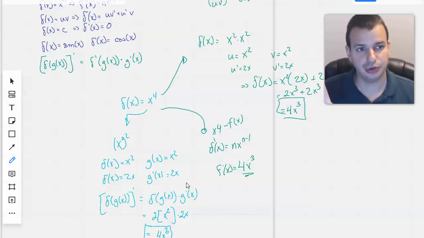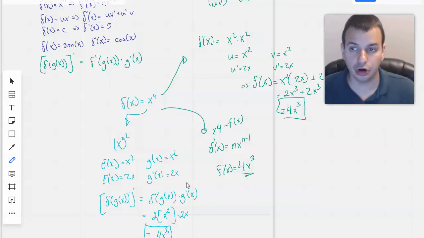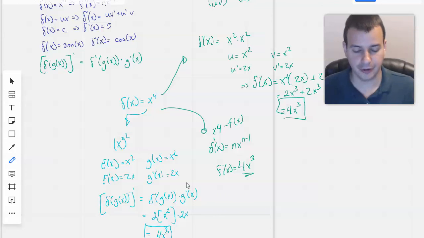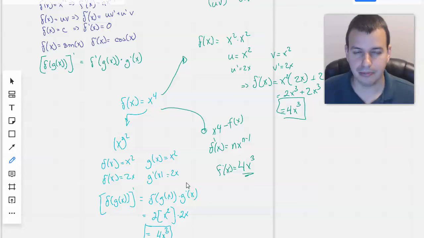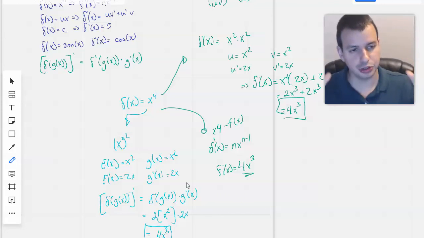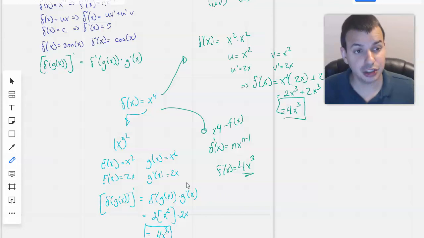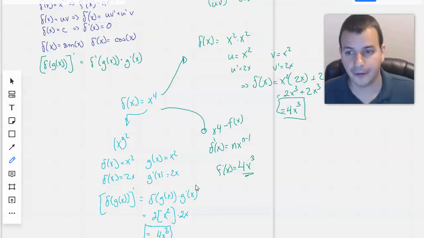We can look at it as the chain rule, we can look at it as a product rule, or we can look at it as the power rule. And it's all different ways of using the tools we have, and it kind of gives you a sense of, okay, maybe this math stuff isn't just hocus pocus, isn't magic, and it actually works and has some consistency, and it gives you confidence in the tools that you use.